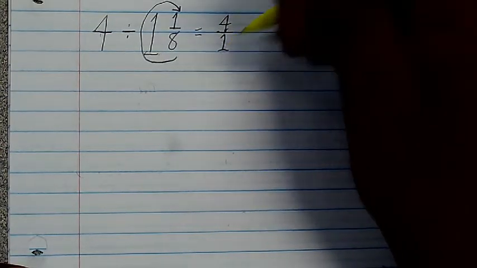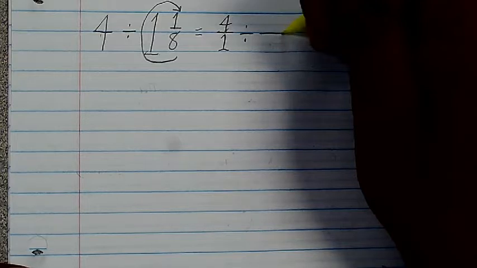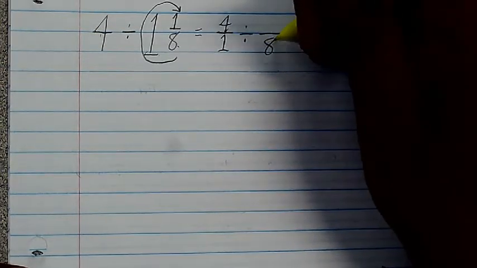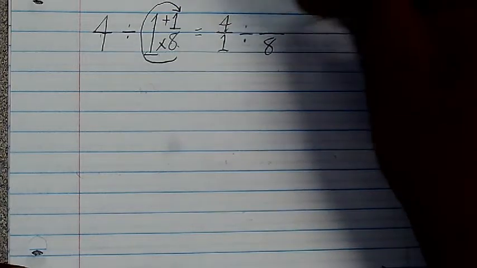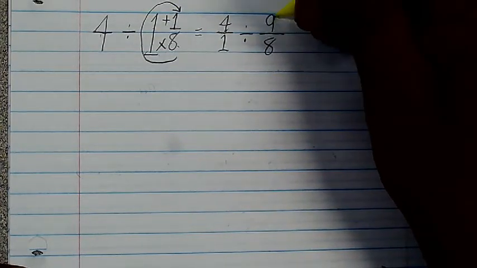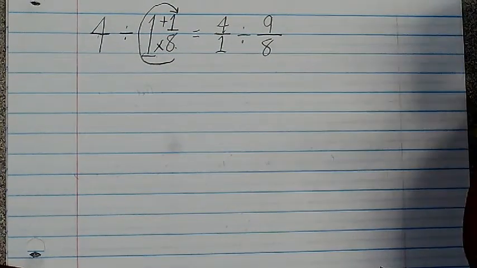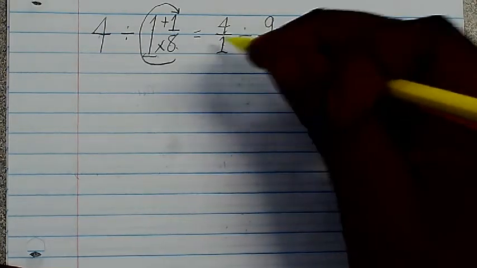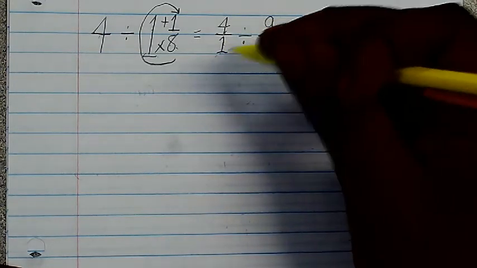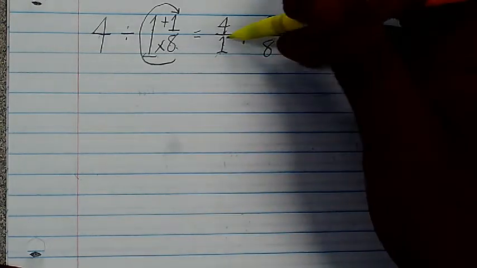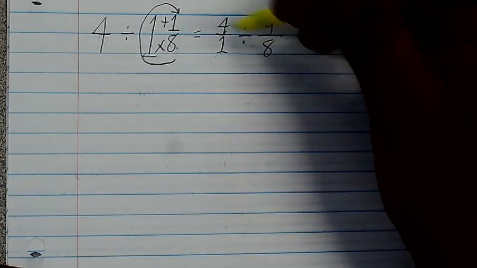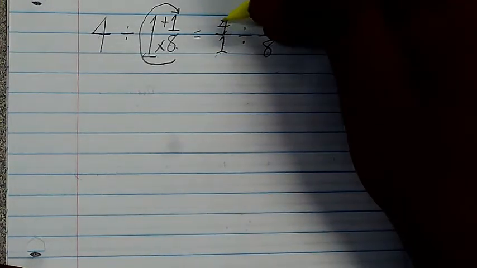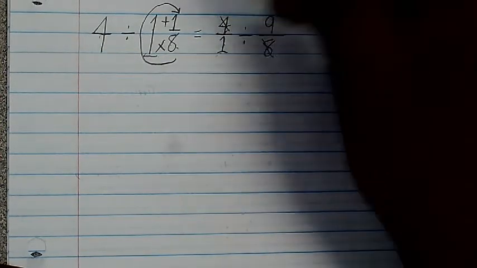That's going to give us 4/1 divided by, of course our denominator stays the same, 8. Then we multiply and add. 8 times 1 is 8 plus 1 is 9. All right. So now we can look to simplify. Of course 9 and 1 are multiples of 1 only, and that won't simplify those two values. But 4 and 8 are multiples of 4, so we can divide both of these by 4.